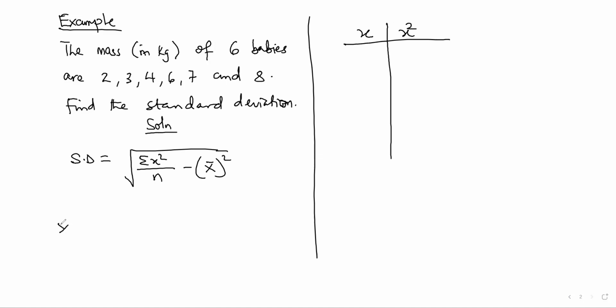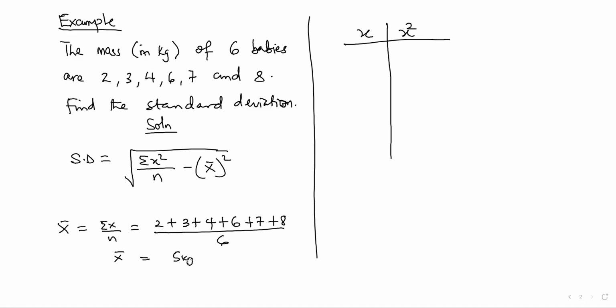To find the mean first, the mean is summation of x over n. So we have 2, 3, we're going to add everything divided by n, and it appears 6 times because there are 6 babies. When I sum this, I'm going to get 5. So the mean is 5 kilograms.